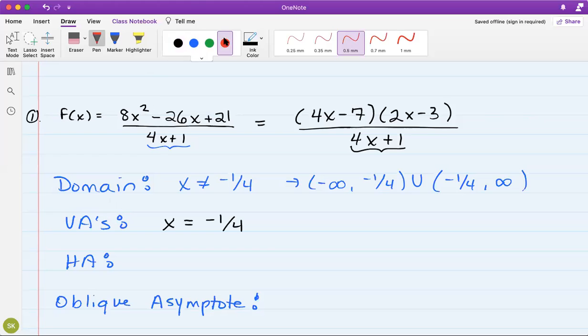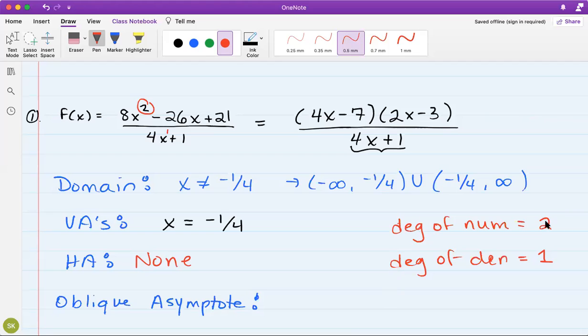Notice that here, the degree of the numerator is 2, and the degree of the denominator is 1. Since the degree of the numerator is not less than or equal to the degree of the denominator, we do not have a horizontal asymptote.